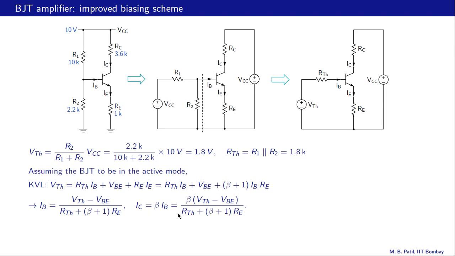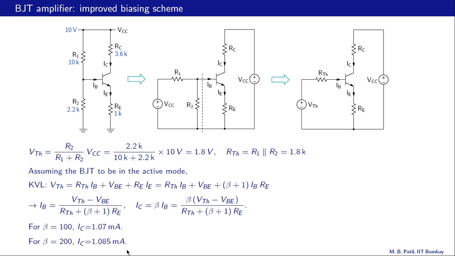Now let us calculate the collector current for beta equal to 100 first, and that turns out to be 1.07 milliamperes. If we increase beta to another value, let's say 200, then IC turns out to be 1.085 milliamperes. We notice that there is hardly any difference between these two numbers.